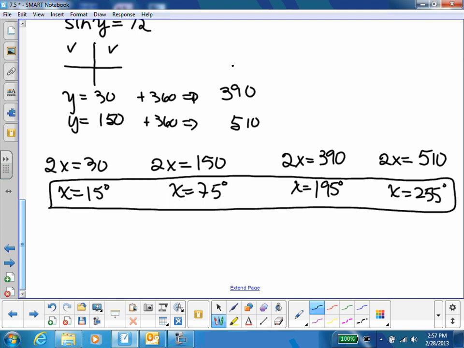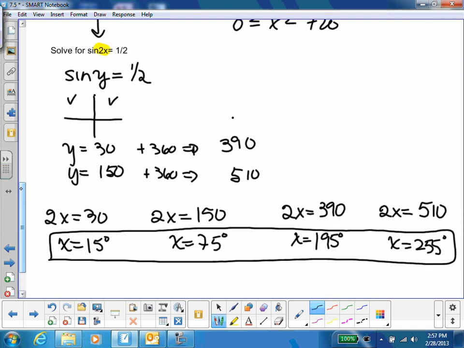But remember, if it was principal values, I could have one quadrant where it's positive. That would be the first quadrant. Second quadrant is where it's negative. So I don't want to use the fourth quadrant. If I was doing principal values, my answer has to be positive. I'd be using just the first quadrant. I wouldn't use any other quadrants.